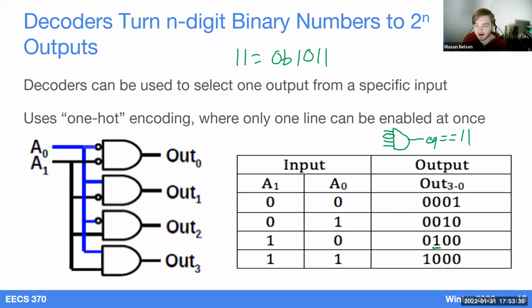And you can do that for any binary number, kind of cool. But notice here how we have 0, 0, which is 0. This is kind of reverse. This should be sort of up and down, but we have 0, 1, which is 1, 1, 0, which is 2, and 1, 1, which is 3. We can use that to check equality. And so a decoder is just going to be a bunch of those in sequence altogether, right?